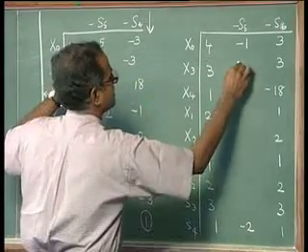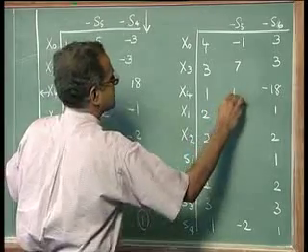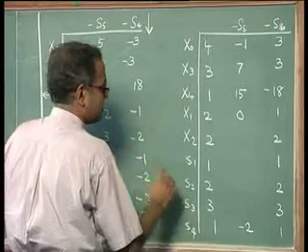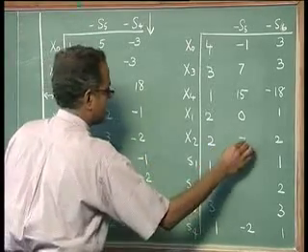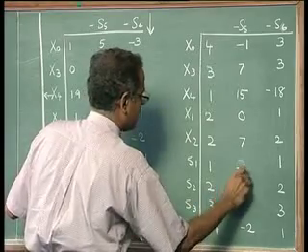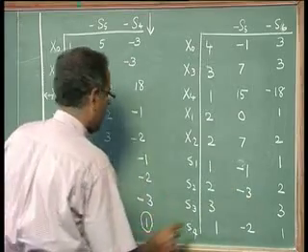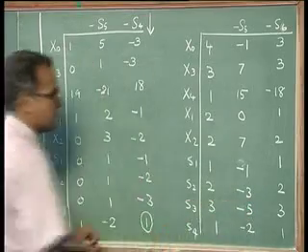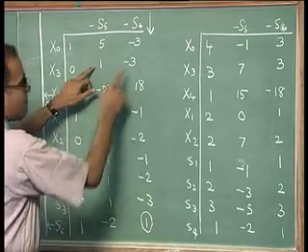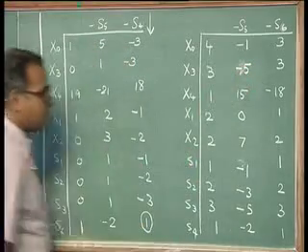So, 1 plus 6 is 7, minus 21 plus 36 is 15, 2 minus 2 is 0, 3 plus 4 is 7, 1 plus 2, 1 minus 2 is minus 1, 1 minus 4 is minus 3, 1 minus 6 is minus 5, 1 minus 6 is minus 5 and so on.